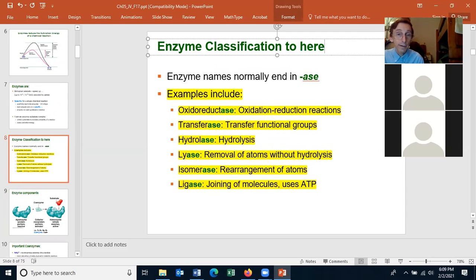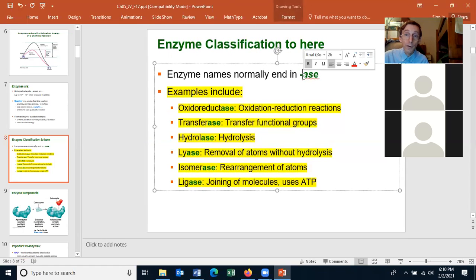And here are a few examples. You don't need to know these examples. We'll talk about ligase in the lab. Transferase, we'll talk about that in this lesson. Oxireductase, I don't think we talked about that. But catalase is another enzyme we'll talk about in the lab. Most enzymes end in ACE.